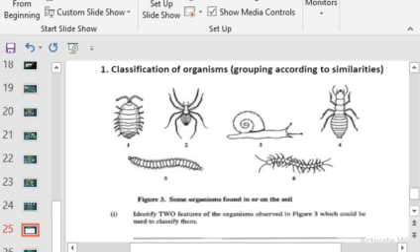And if we were going to give two features, we could say organisms 1, 2, 4, 5, 6 have jointed appendages and an exoskeleton hardened and made of chitin, or we could say they have slug-like bodies. That would be in particular for organism 3, and have a hard shell.